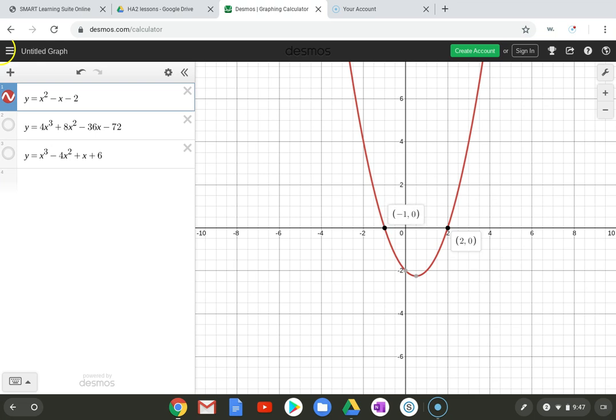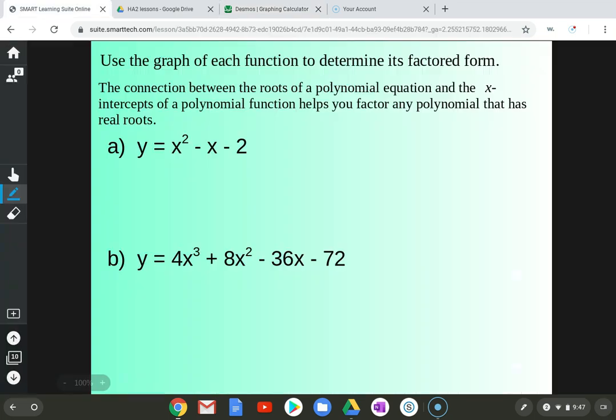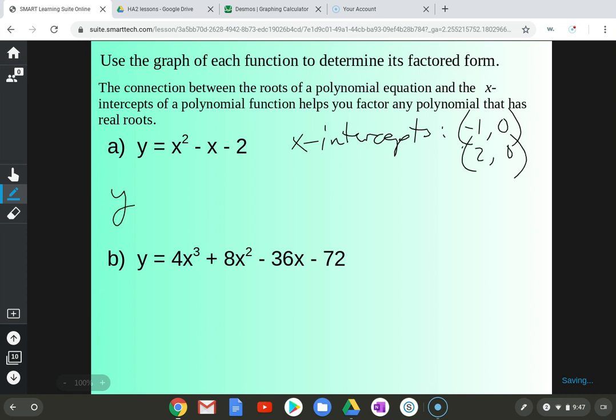If the x-intercept is at 2, the factor would be x minus 2. You change the sign. So based on our x-intercepts, (-1, 0) and (2, 0), our factors are going to be x plus 1, x minus 2.